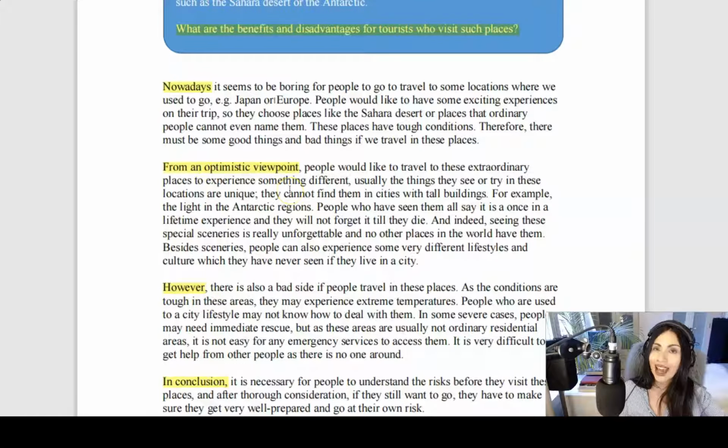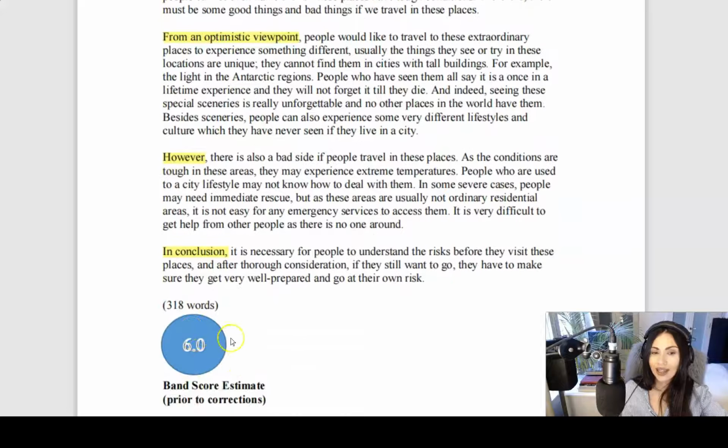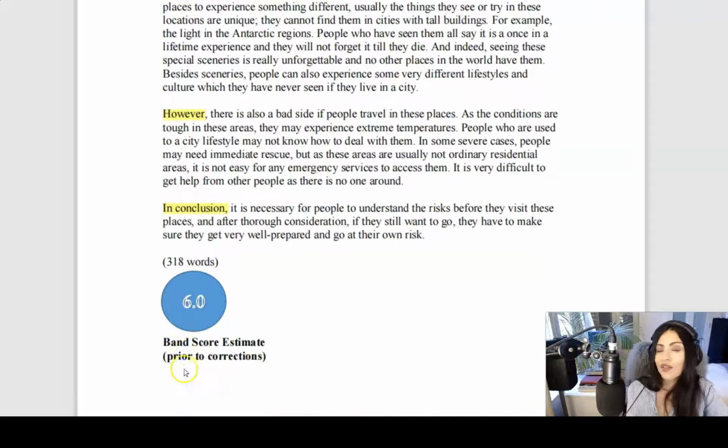Now we're going to look at the editing process. In other words, when I modified or made adjustments to the original essay, how did I come to the conclusion of what score he or she should get. Now, remember, the original candidate got a 6 for this, not a 6.5, not an 8.